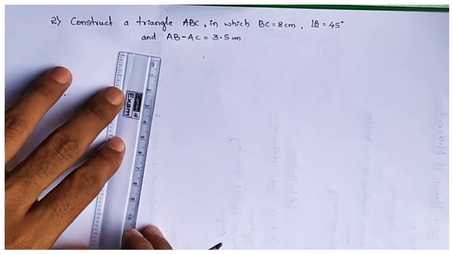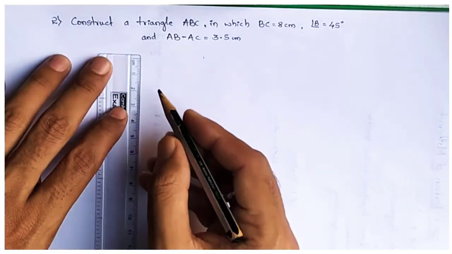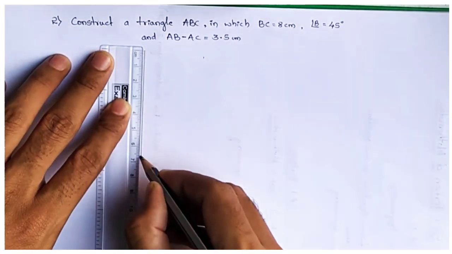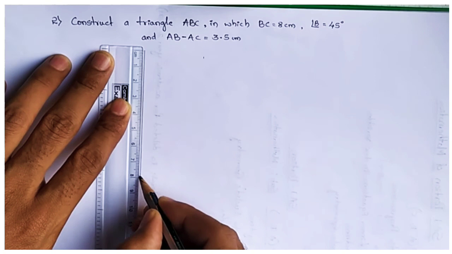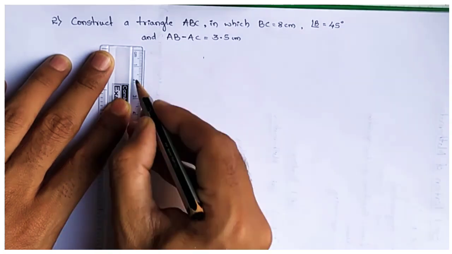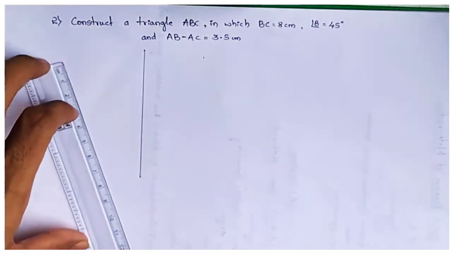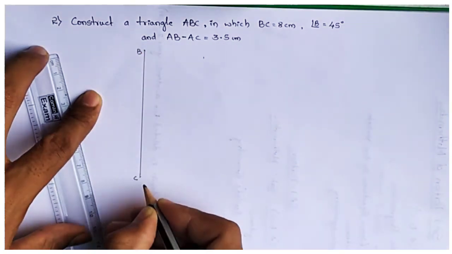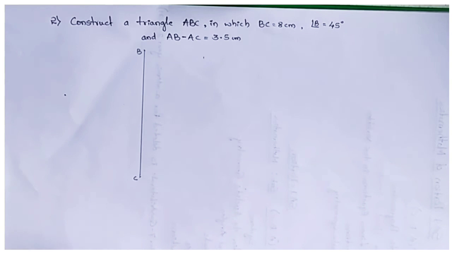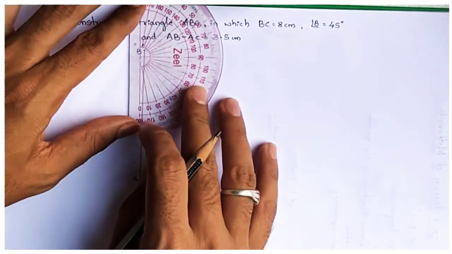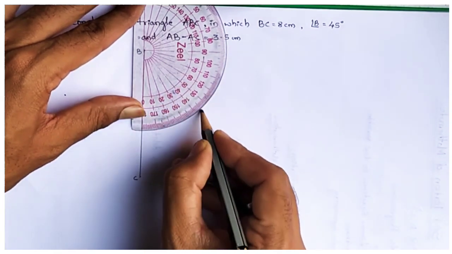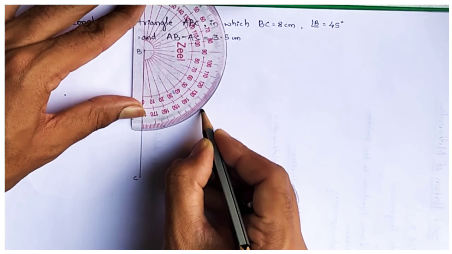So again I will go with the horizontal. BC, that is 8 centimeters, and angle B is 45 degrees.